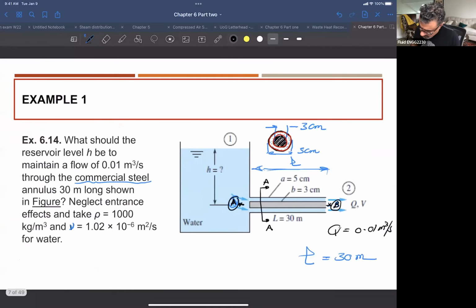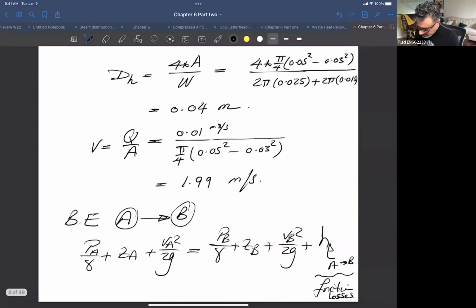I took A and B at the same level, so they both have the same Z.